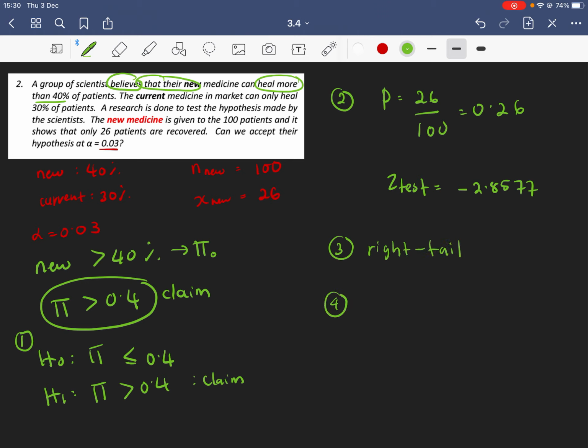Step number 4, accept or reject H null: it is accept H null. Step number 5, if I accept H null, it does not support the claim. Okay, so make sure you try this exercise and use this guidance.